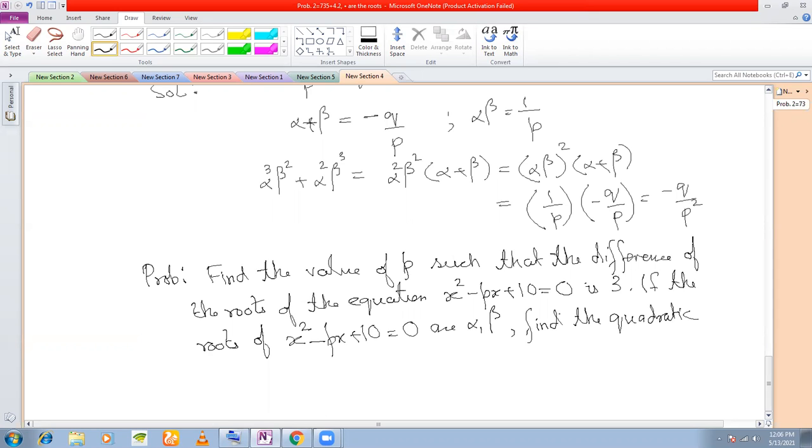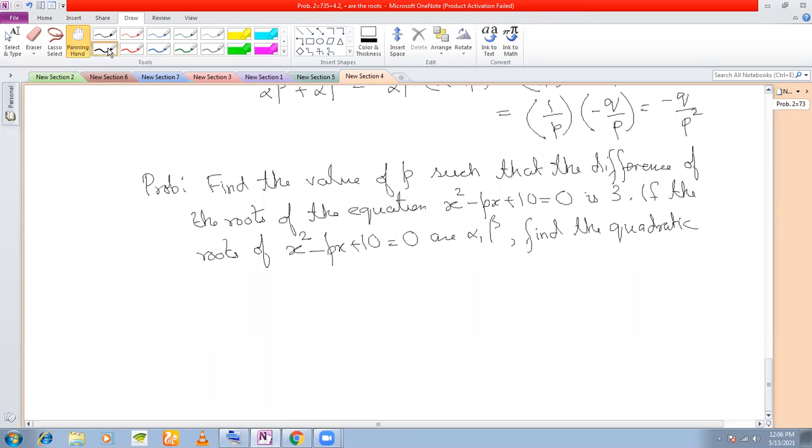So this is also from your formation of quadratic equation, okay? Because they are asking you to find the quadratic equation whose roots are alpha plus beta whole square and alpha square beta minus alpha beta square.